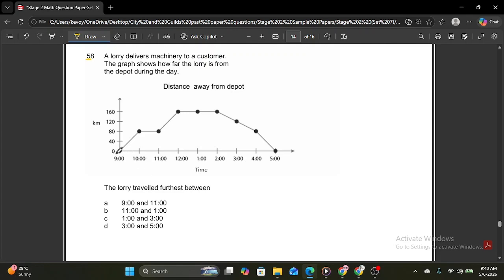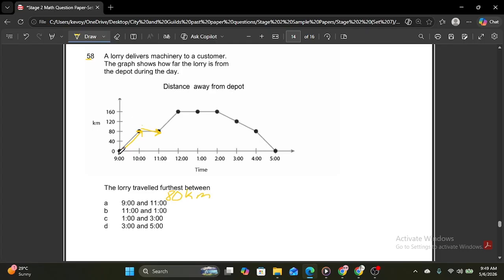So from 9 o'clock to 11 o'clock, the lorry was at 80 kilometers, and at 11 o'clock it was at the same exact distance away from the depot.